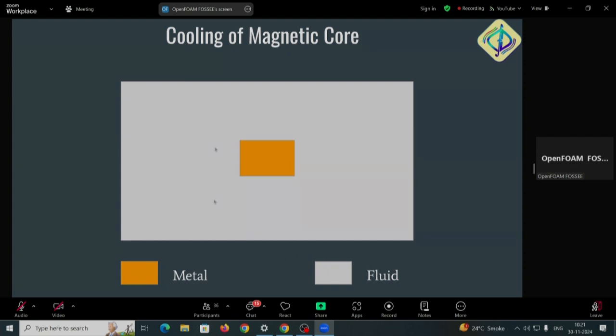Whenever you have complex geometries and you want to place them inside a fluid domain and mesh them, snappyHexMesh is a very good candidate. Or you can also go for third-party applications. You can mesh in any of the desired meshers that you want, and then you can import it. OpenFOAM has the capability to import mesh from Fluent, so you can import even a Fluent mesh using the command fluent3DMeshToFoam.